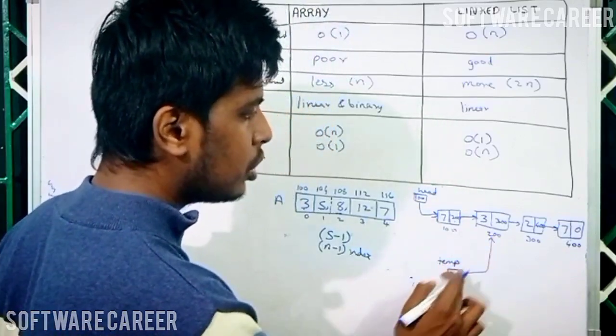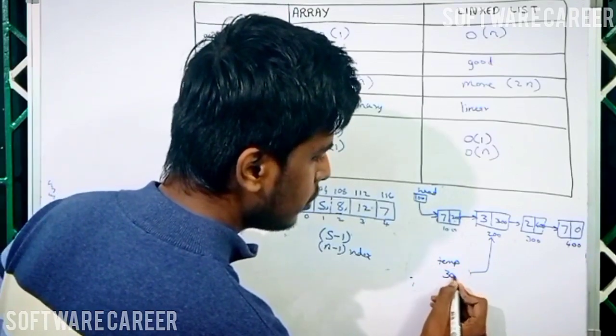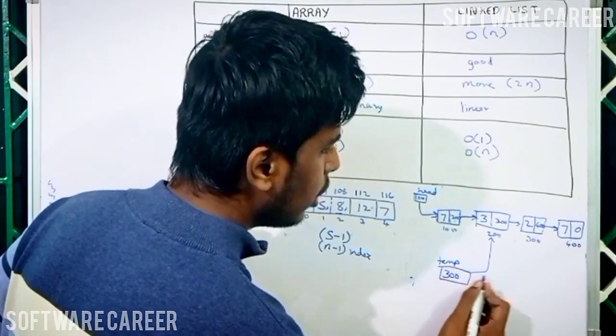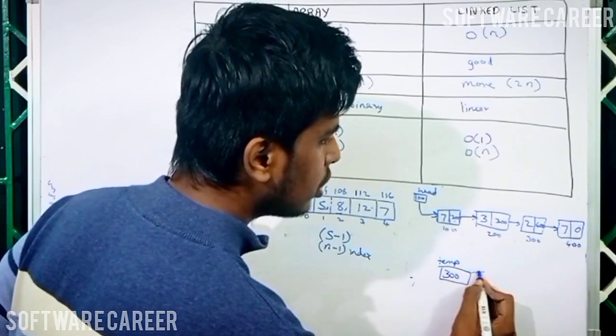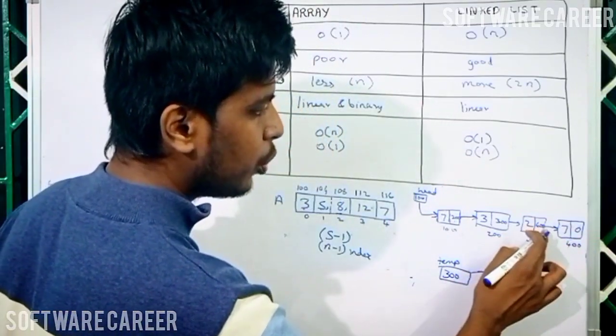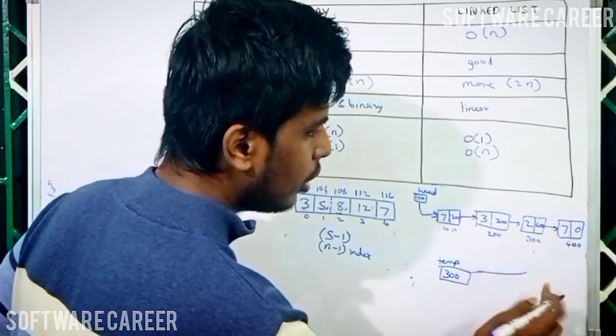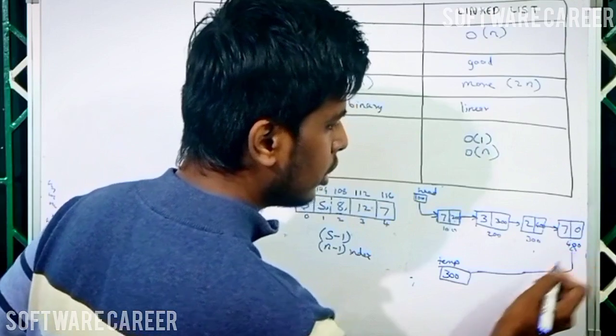Then again temp equals temp next. Now 300 gets stored over here, so this pointer changes like this. Then again the next pointer, that is 400. It points towards 400.